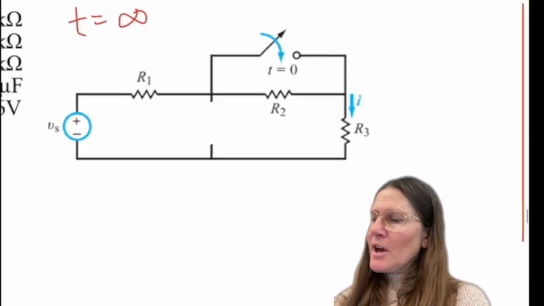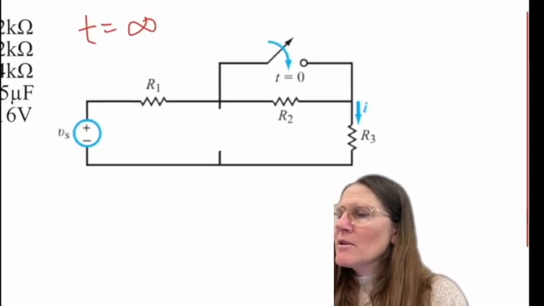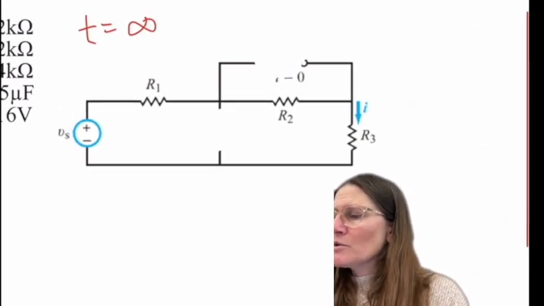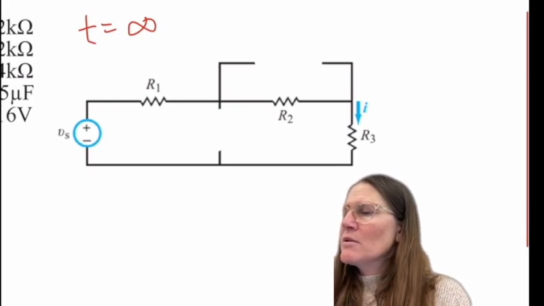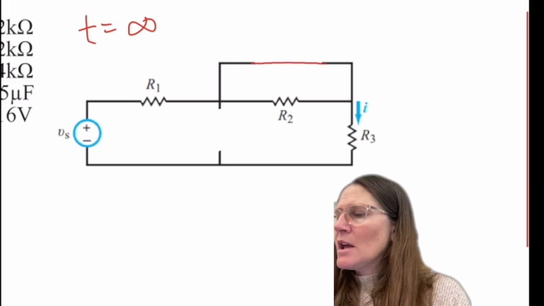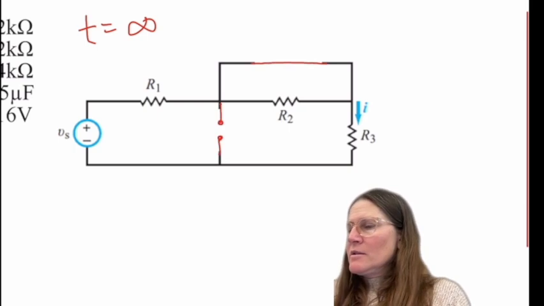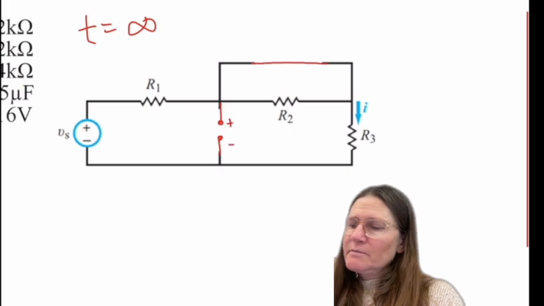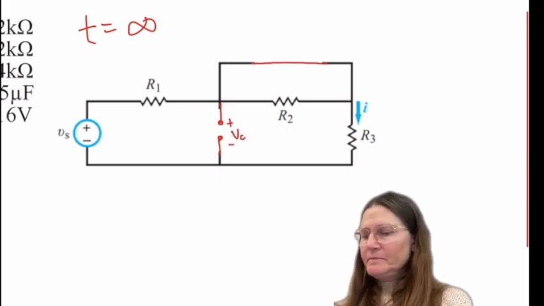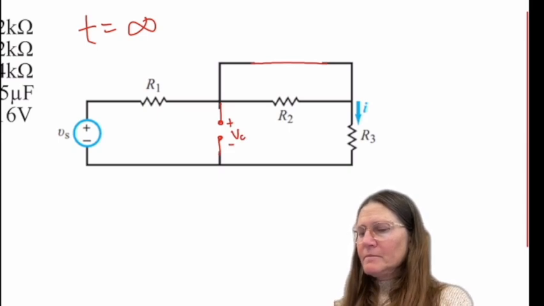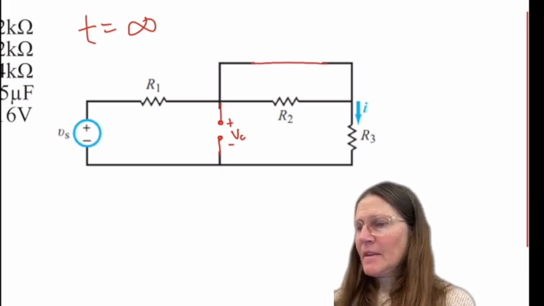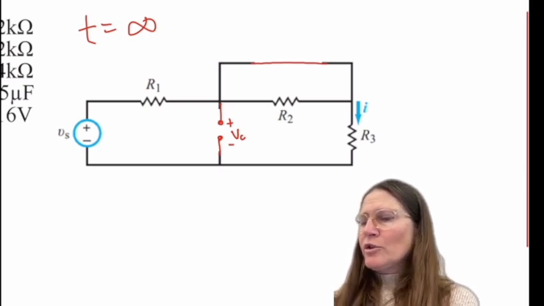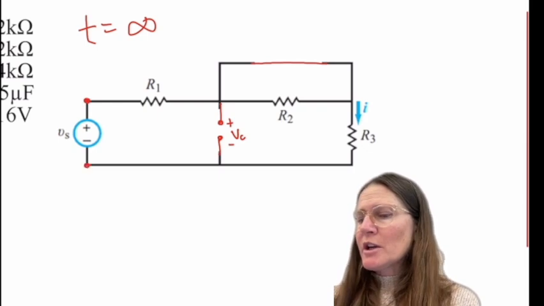For the final state, this is again going to be closed, and then this becomes an open. So now what is our VC here? Vs is only between here and here.